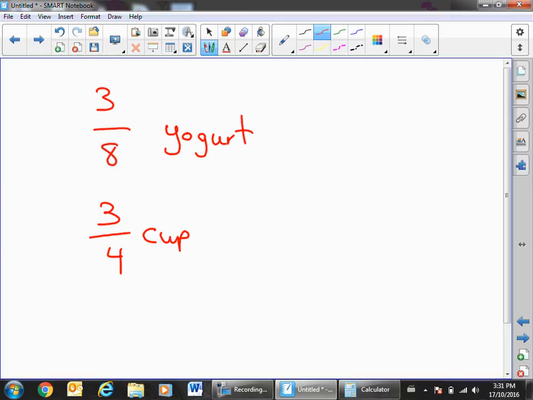So this is how much she needs, and this is what she has. The question is, how much more yogurt does she need? Whenever you hear the words "how much more yogurt does she need," I'm immediately thinking of the word subtraction.